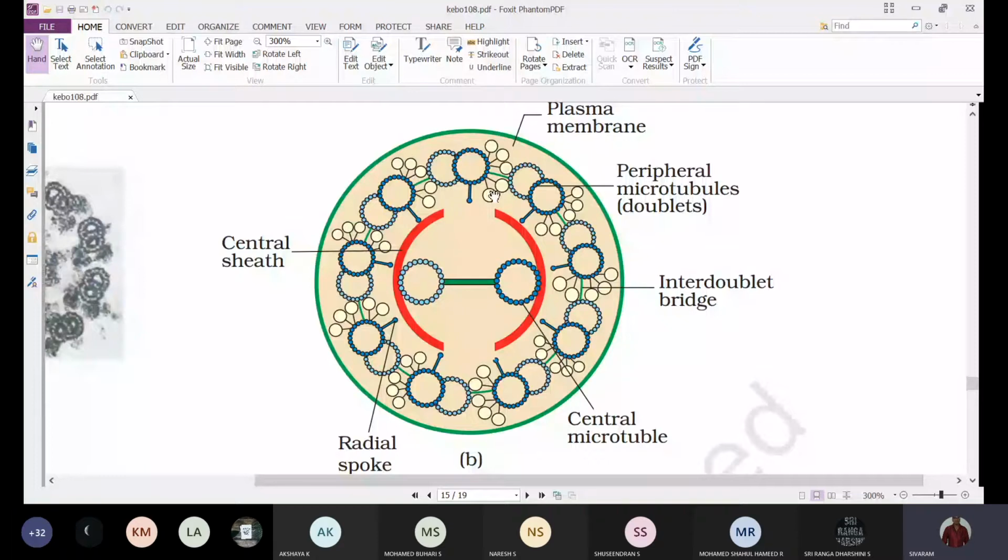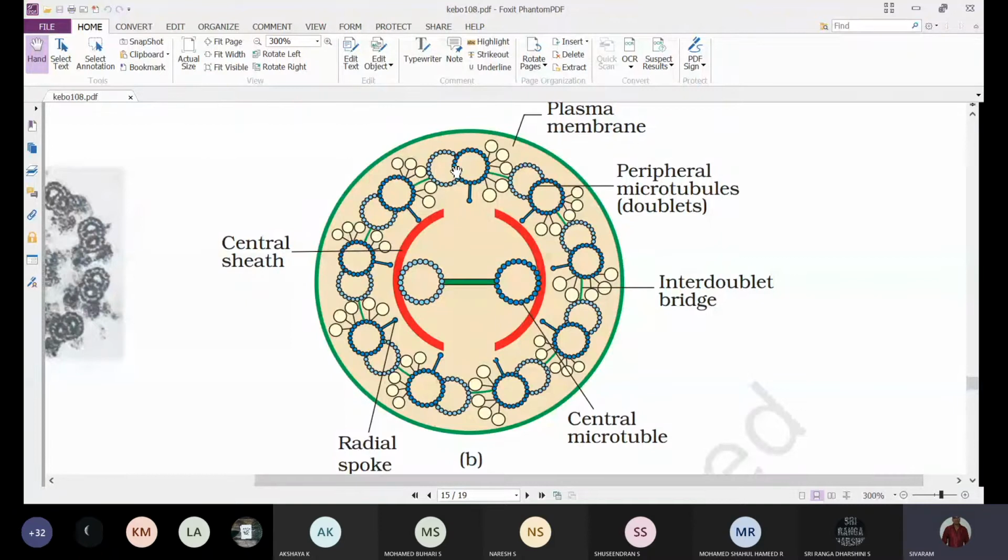So each of the peripheral fibrils is a triplet, and the adjacent triplets are attached with one another.